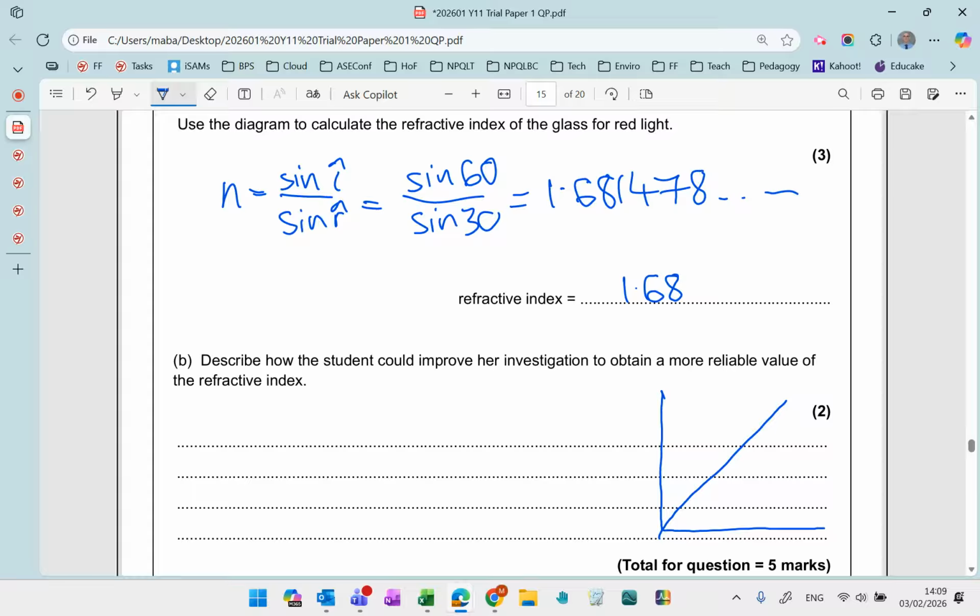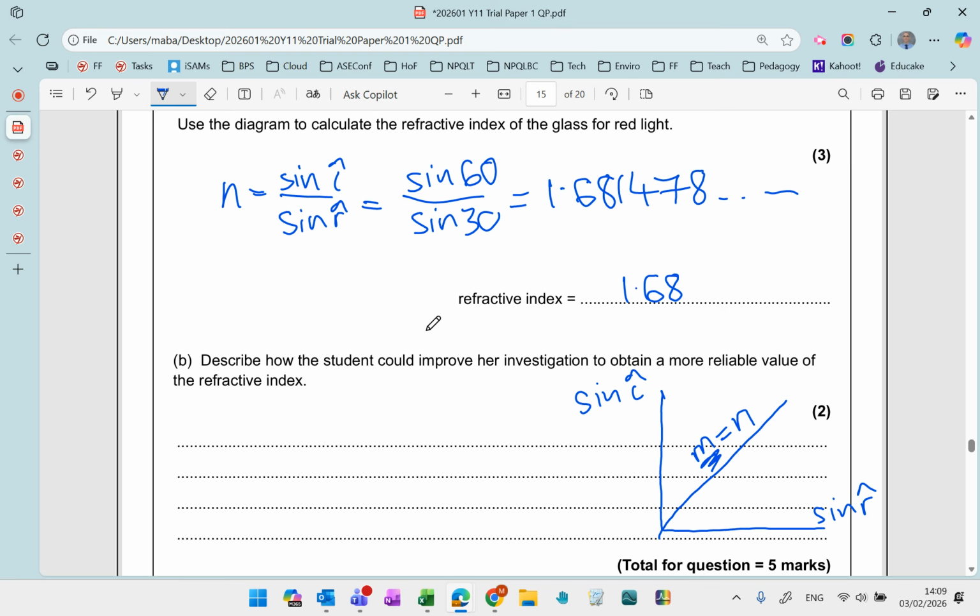And if we plotted a graph of sine i on the y-axis against sine r on the x-axis, then the gradient of this graph would actually be n, the refractive index. m stands for gradient in maths. You can convince yourself of that by comparing this equation to the formula y equals mx plus c for the gradient of a straight line.